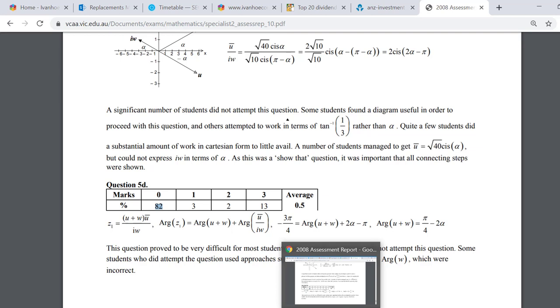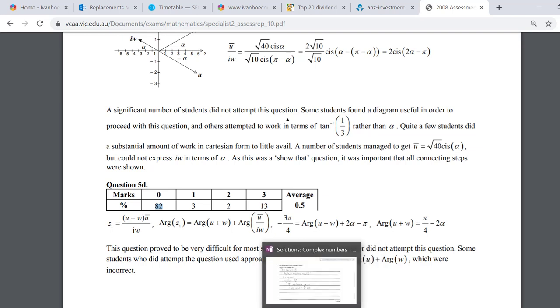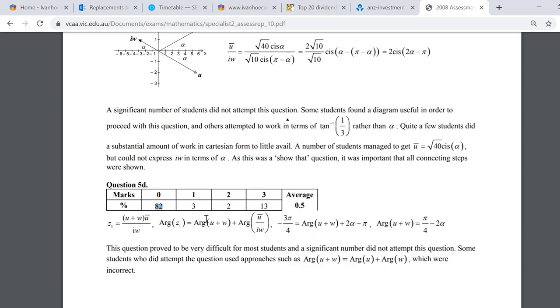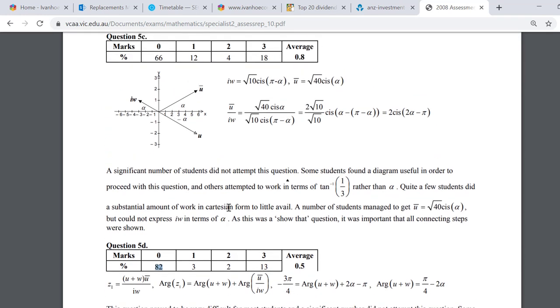You have knowledge at your fingertips. And finally, yes, that is a very tough question. So what I'm saying is, yes, complex numbers for the most part is an easy topic, but you can get some real tricky doozy questions in the exam too, particularly the extended response.